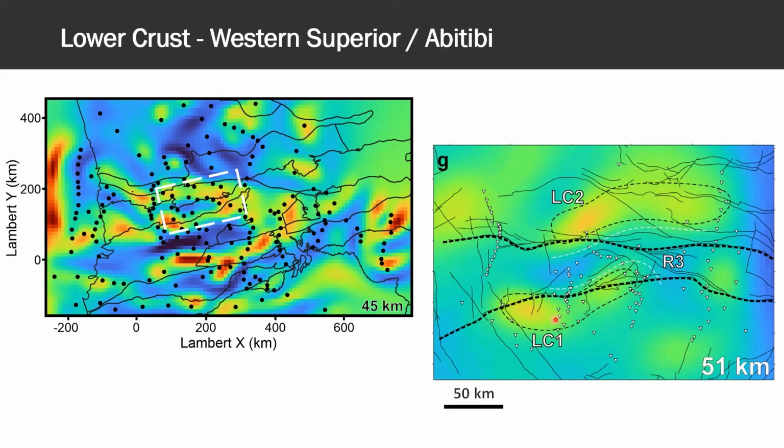In both cases, those linear features coincide with fairly major crustal faults, and in 3 out of 4 of the cases, they coincide with subprovince boundaries. Considering the different scales of the models, the lateral extents are also surprisingly similar, each running from 100 to 200 kilometers in east-west extent and about 100 kilometers in north-south extent.